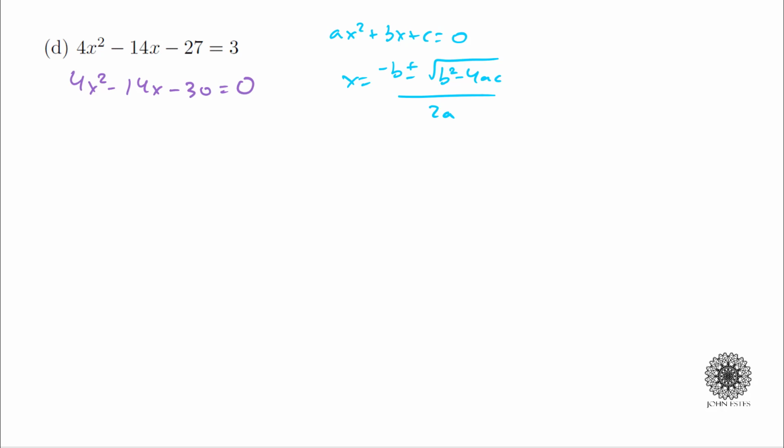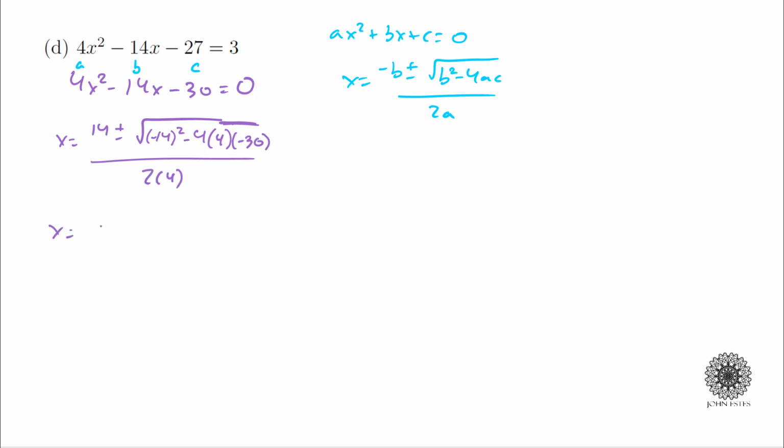Alright, so recognizing here that 4 is a, negative 14 is b, and negative 30 is c, I plug into the quadratic formula, and I get x equals 14 plus or minus the square root of b squared, so that's negative 14 squared, minus 4 times a, which is 4, and c, which is negative 30, all over 2 times a, which is 2 times 4.